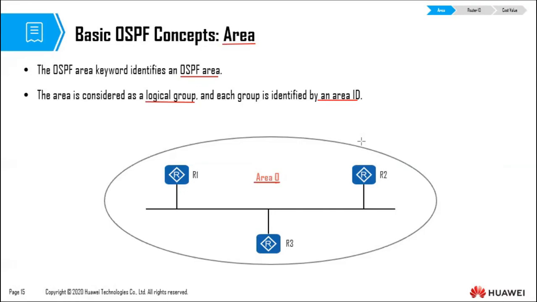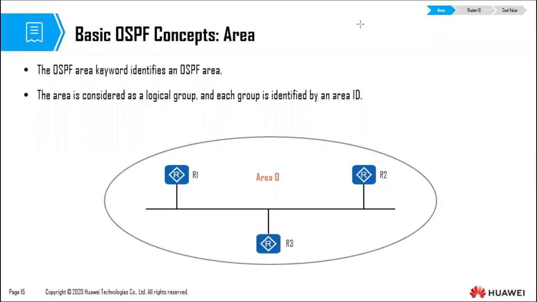By logical group, it means we can create other groups. We can create area 1. We can create area 2. We can create area 3. The other thing you need to know is that all these areas must be connected to area 0. Any other area you create must be connected to area 0, and they'll have to communicate through area 0.